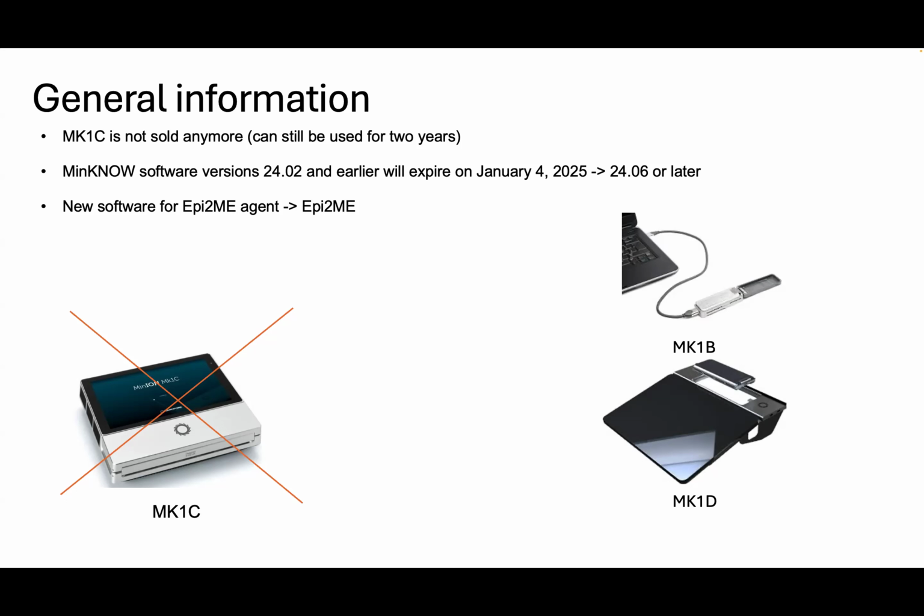And then maybe a thing for all the EPI2ME users here: the EPI2ME Agent software expired last year already and cannot be used anymore. So you have to download a new software, which is just called EPI2ME now. But we will explain that later on, or my colleague will.